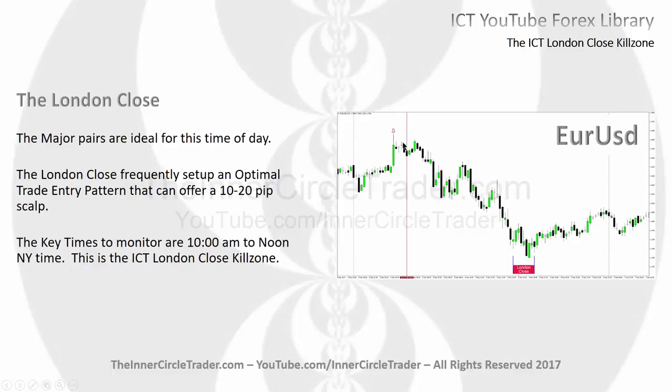But the high forms in Asia, then after New York midnight time, we had a high form again in London high, New York session high, and then the low of the day forms exactly at the parameters between 10 a.m. and noon New York time. This is the ICT London close kill zone. Market trades higher off that window of time and then goes into the close.